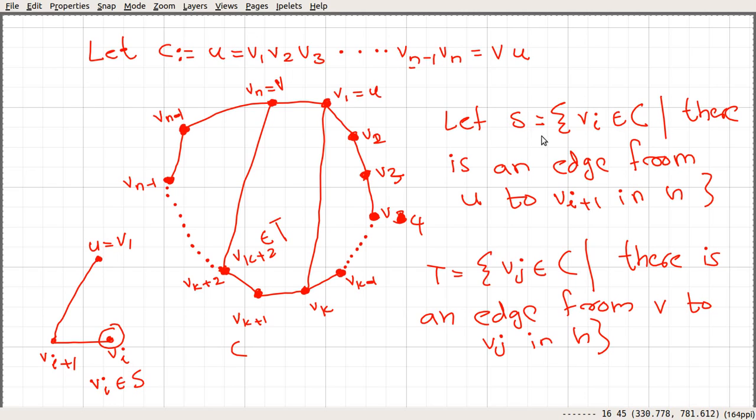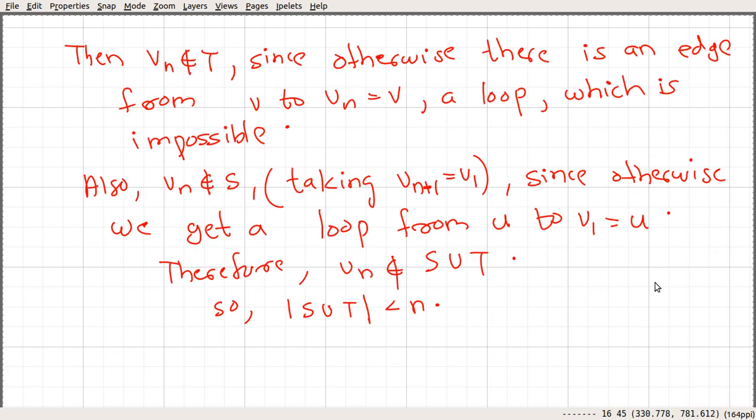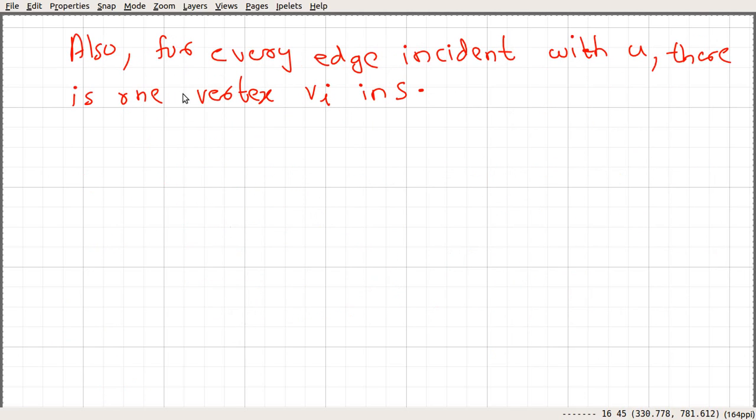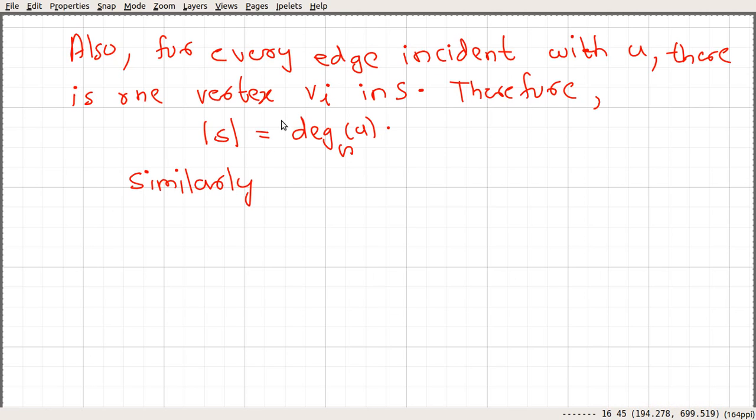And that says the cardinality of S is the degree of U, and similarly you can see that the cardinality of T will be equal to the degree of V. So there is one vertex Vi in S, and therefore we can see that the cardinality of that set is nothing but the degree of U in G. And similarly we can also see that the cardinality of T is nothing but the degree of the vertex V in G.